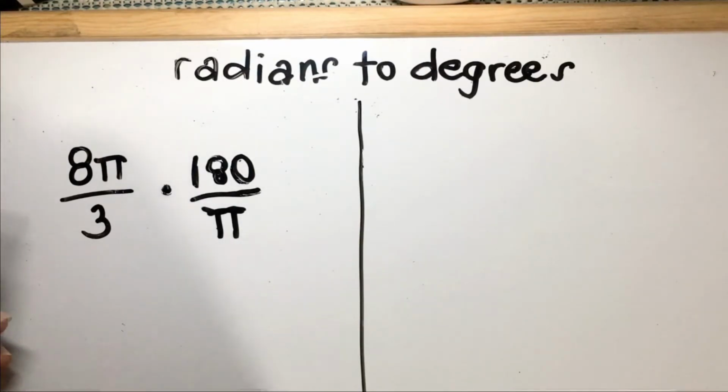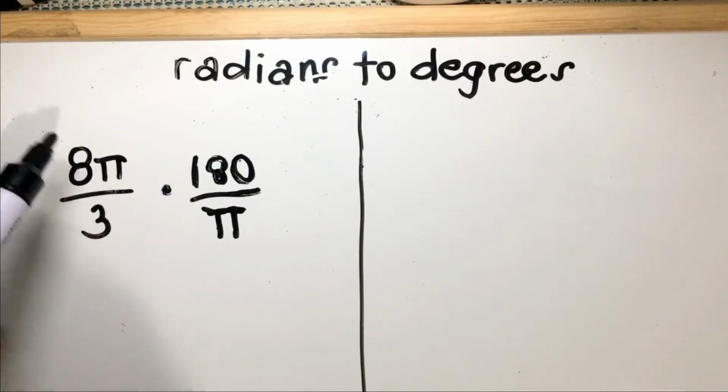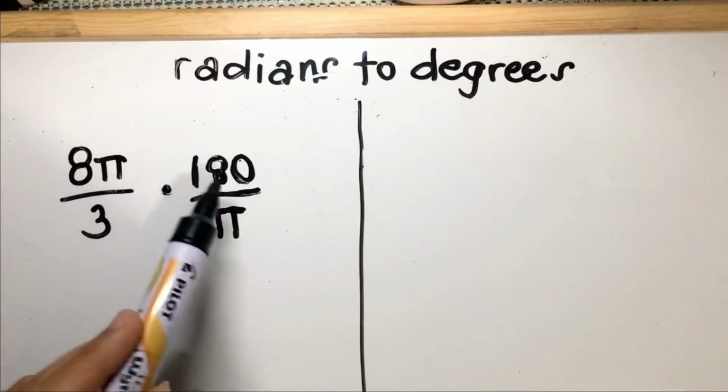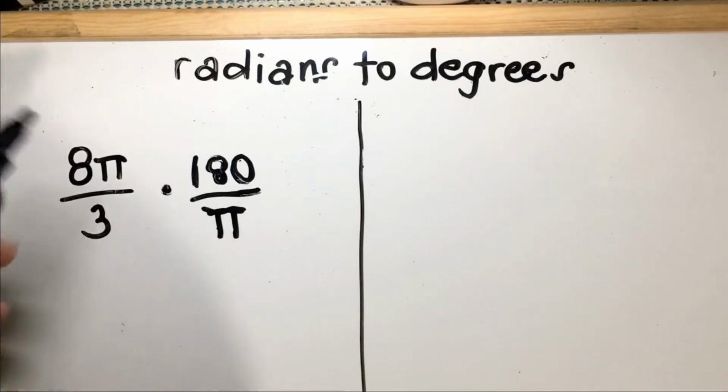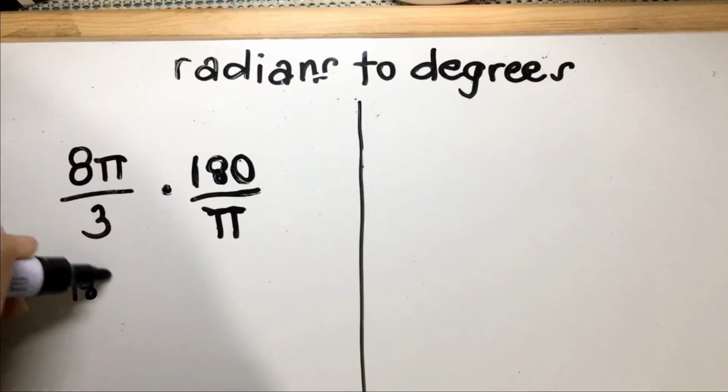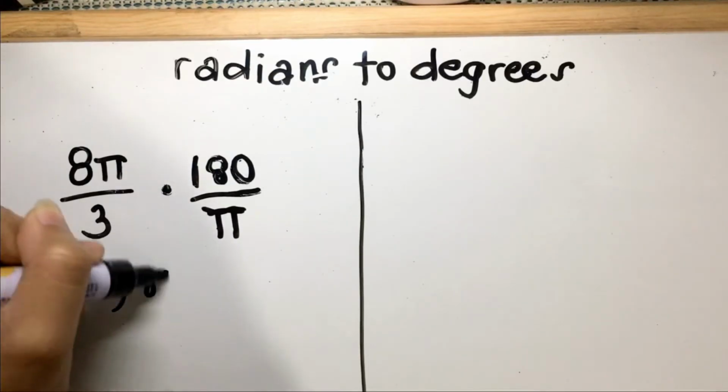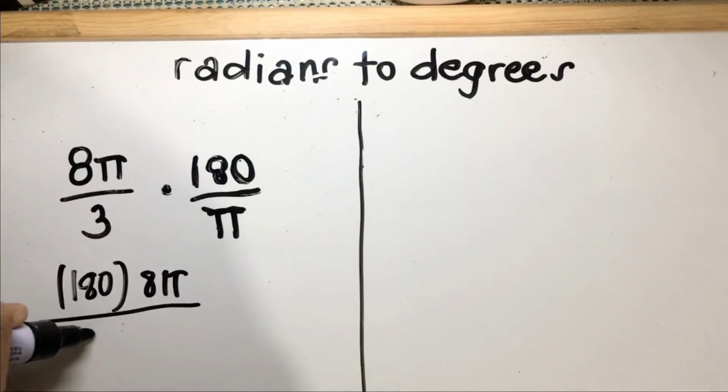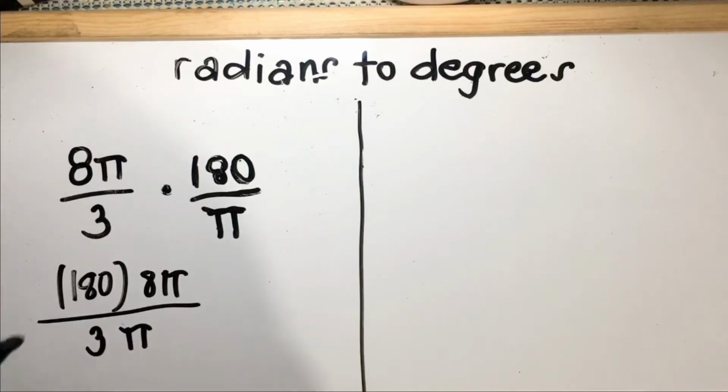So to start solving, we first simplify the two values, and it will become 180 times 8 pi over 3 pi. Since pi over pi is equivalent to 1, we're going to cancel these two.